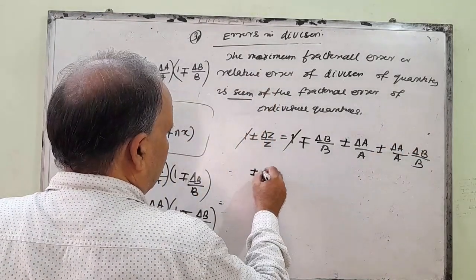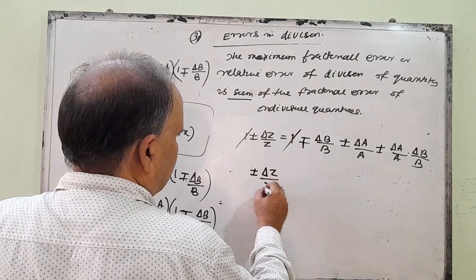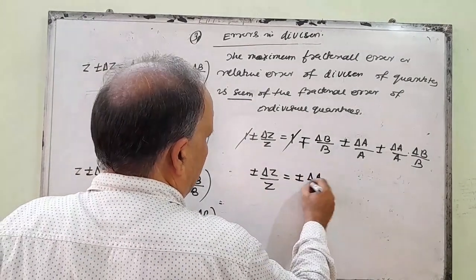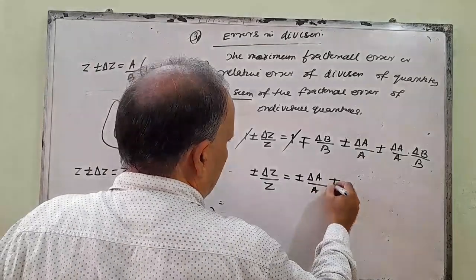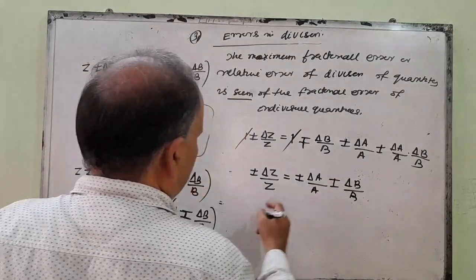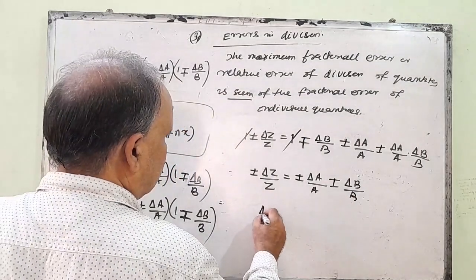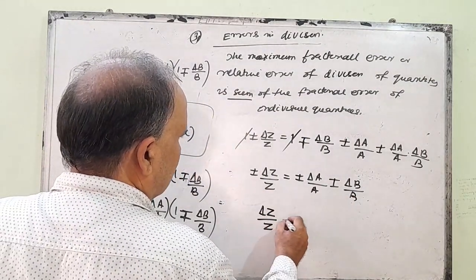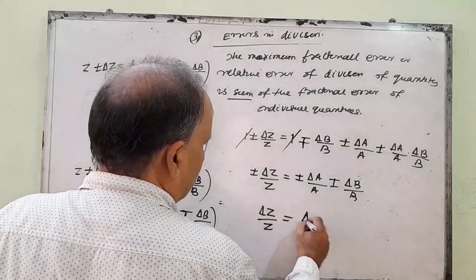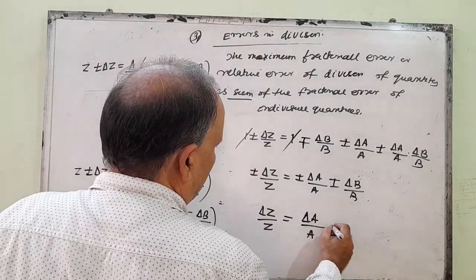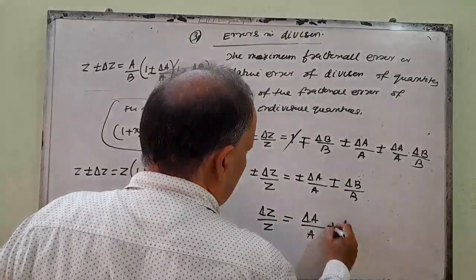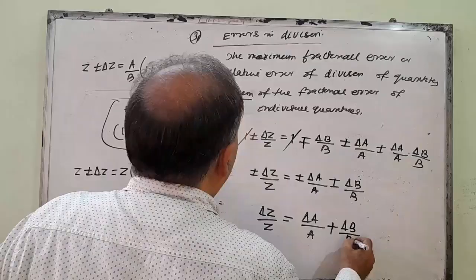So plus minus delta Z by Z is equal to plus minus delta A by A minus plus delta B by B, or in addition form, delta Z by Z is equal to delta A by A plus delta B by B, taking only the plus sign.